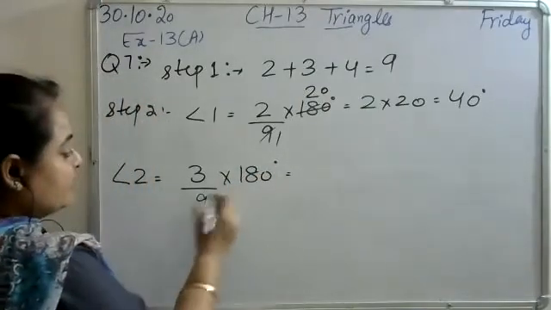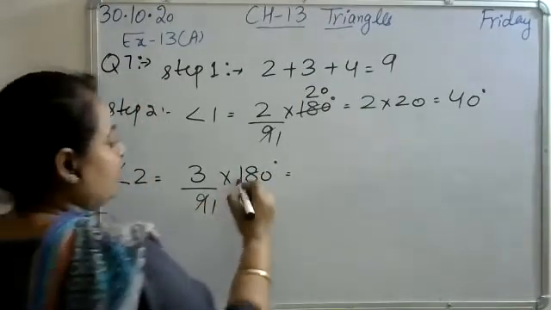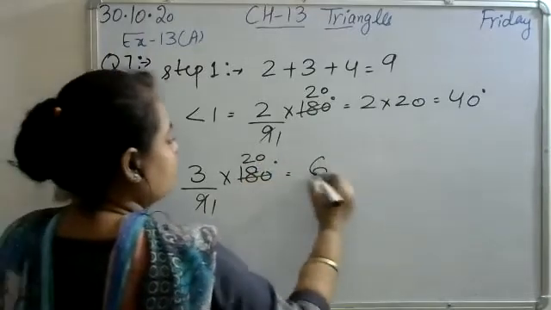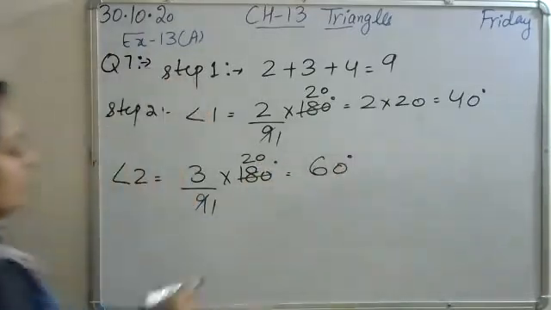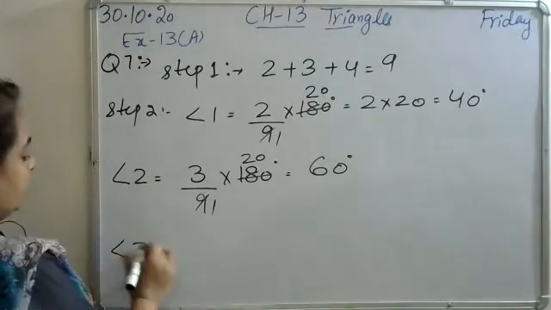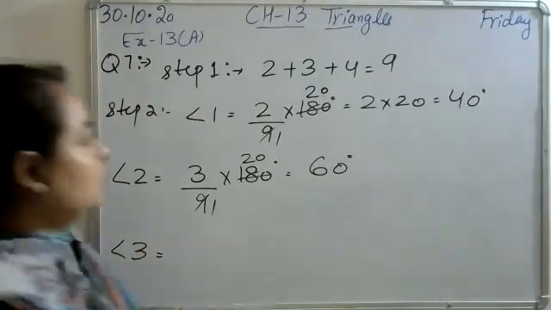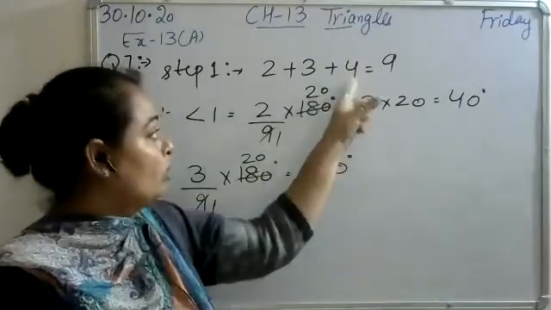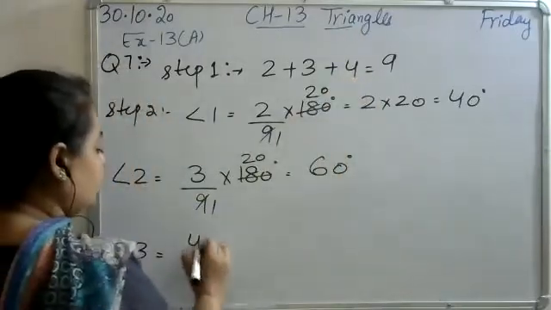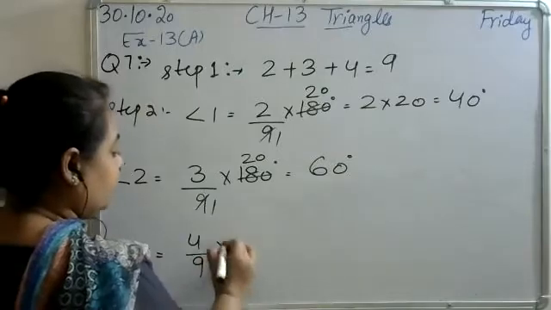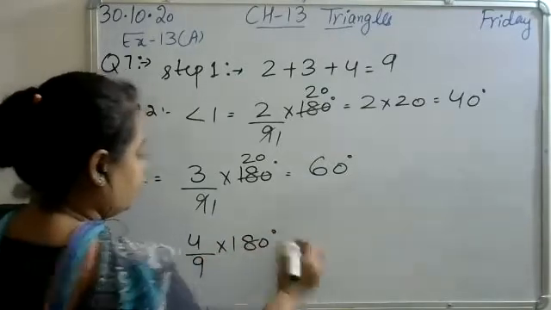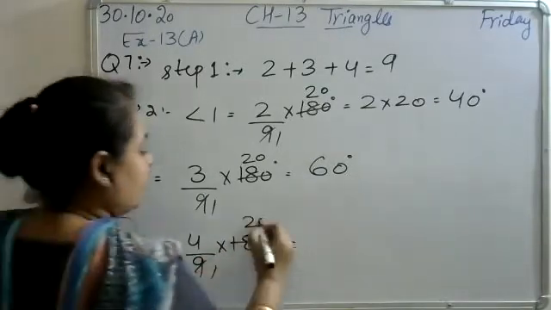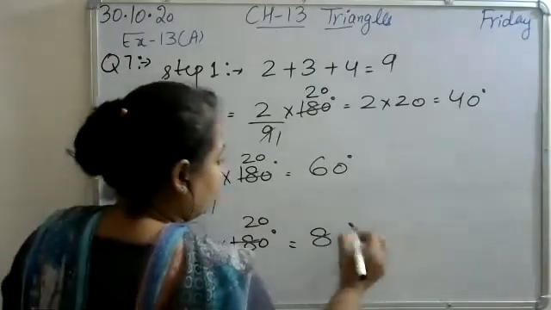So again cancellation. 9 ones are 9, 9 20s are 180. So this is 60 degree. After that, angle 3. Now, this is the ratio of angle 3, 4. So here you will write 4 upon 9 multiplied by 180 degree. Again cancellation, and after cancellation you will get 80 degree.